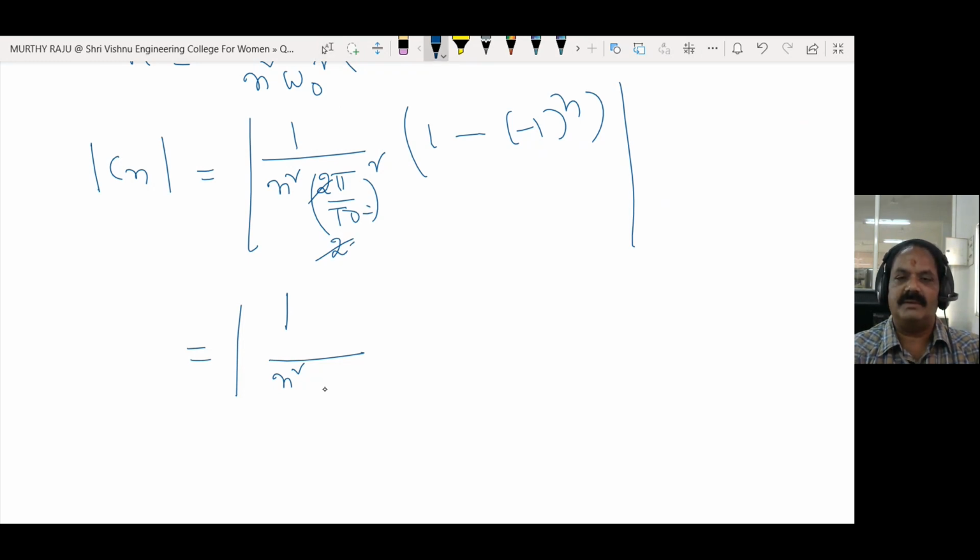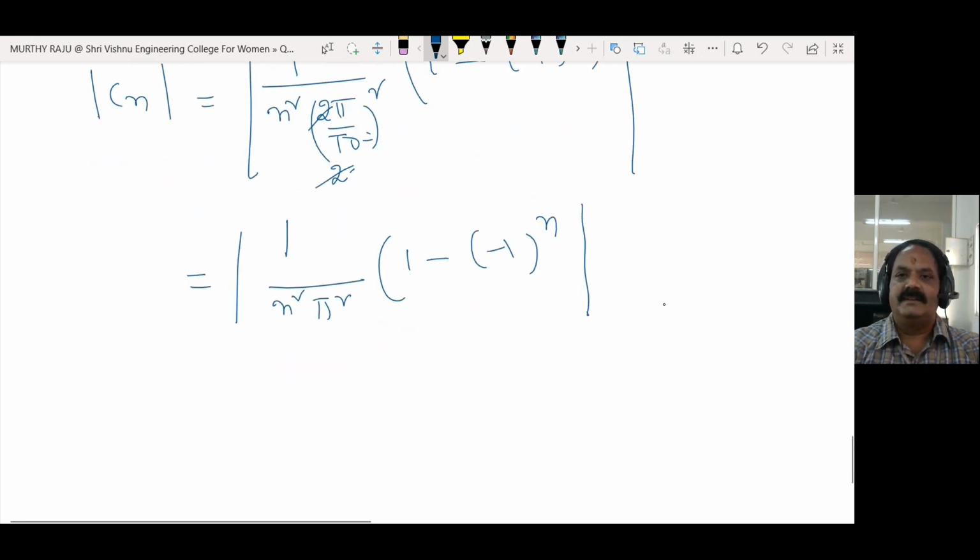That is equal to 1 by n square pi square, 1 minus minus 1 whole power n. Here we use modulus, and n is also squared, so for plus values and minus values we actually get a positive value.